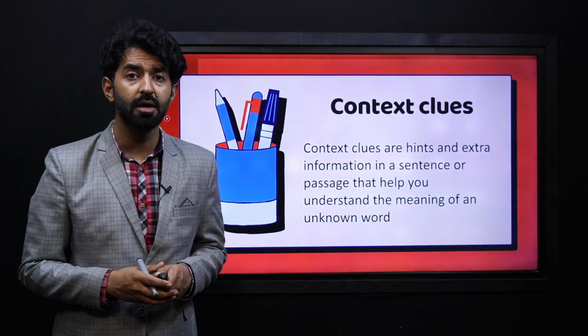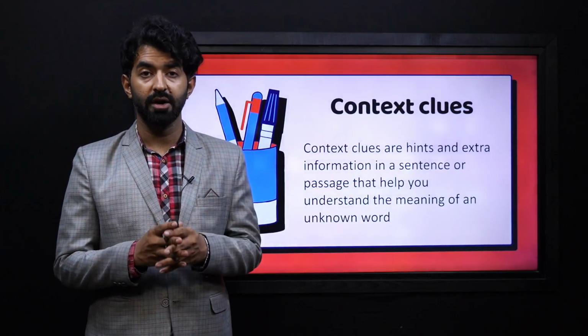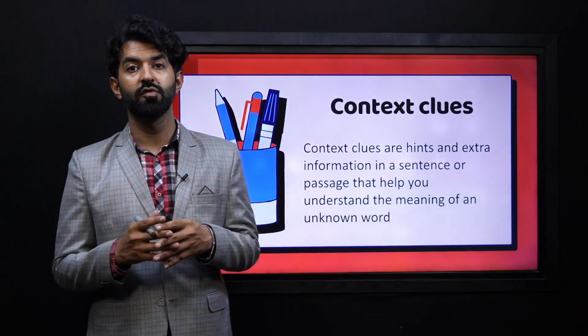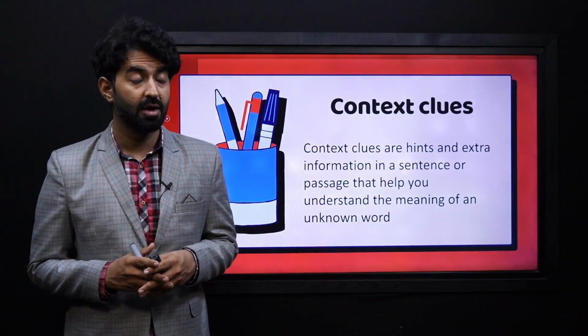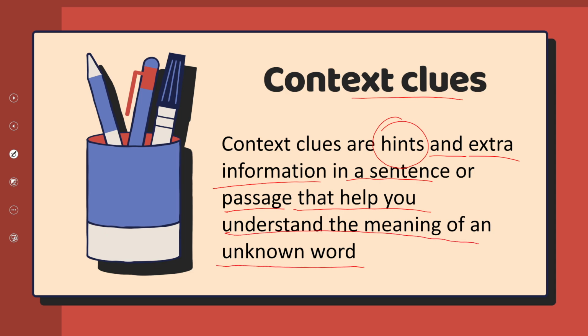Now, moving on, my dear learners, with the topic about context, and to understand anything using the context, we use context clues. Now let's see what these context clues are. Context clues are hints and extra information in a sentence or passage that help you understand the meaning of an unknown word.